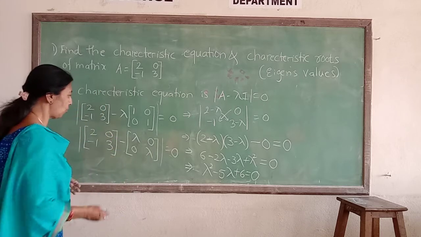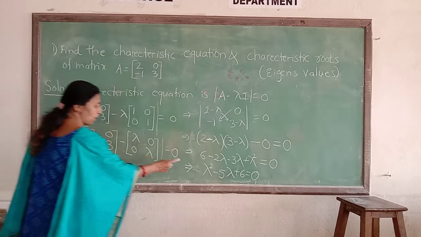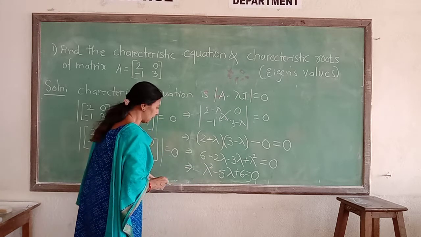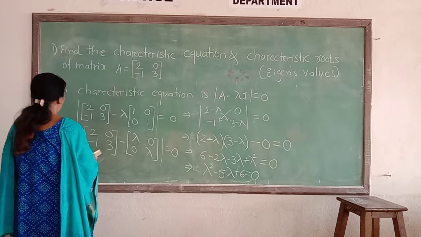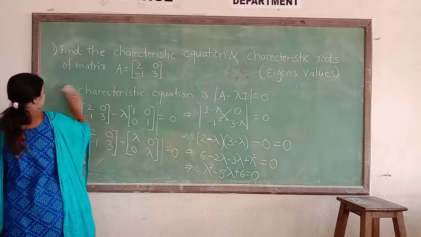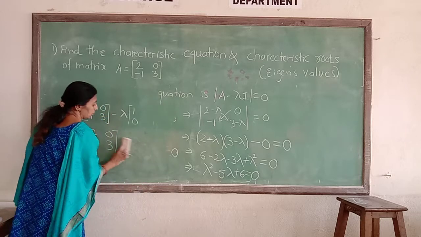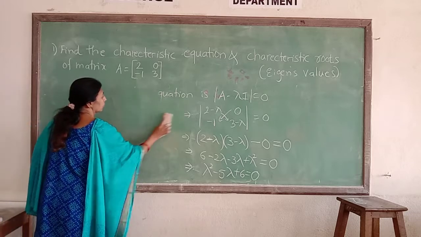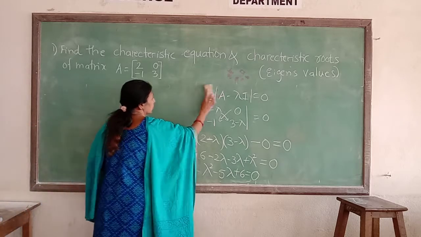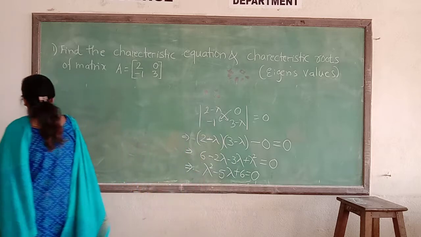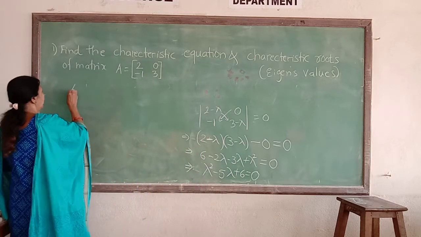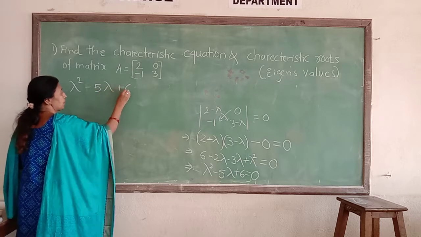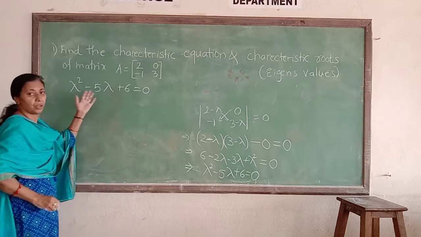Now to solve this, what are the lambda values? As there is a square here, we will be getting 2 values of lambda. By the factorization method we get them, the eigenvalues, that is the roots, of lambda square minus 5 lambda plus 6 equal to 0.